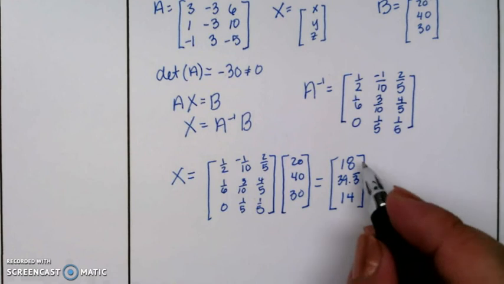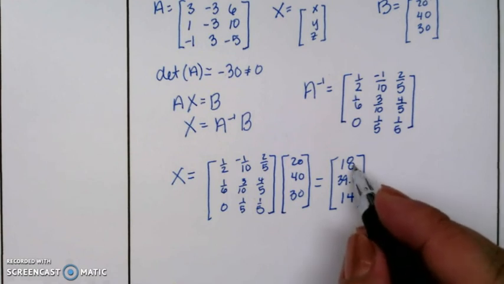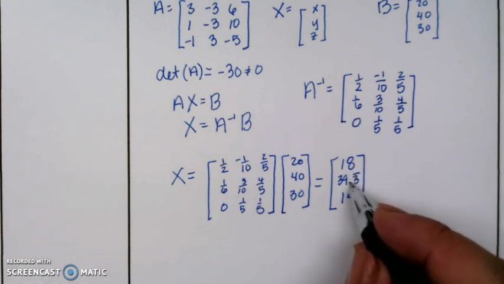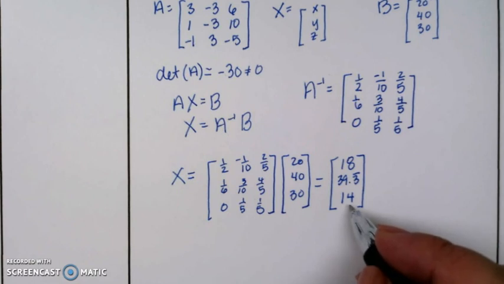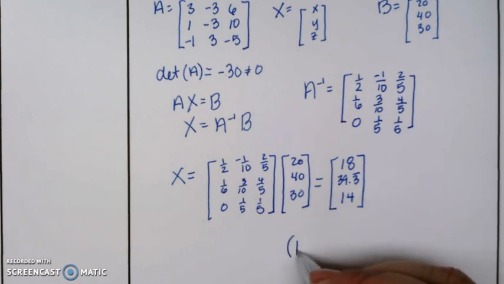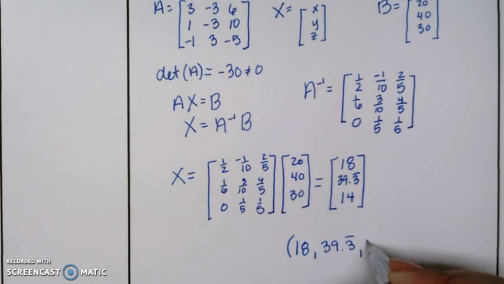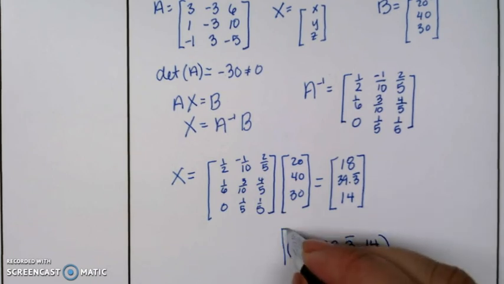So our result is that our first variable is 18, second variable is 39.3 repeating, and our third variable is 14. So we have the ordered triple 18, 39.3 repeating, 14.